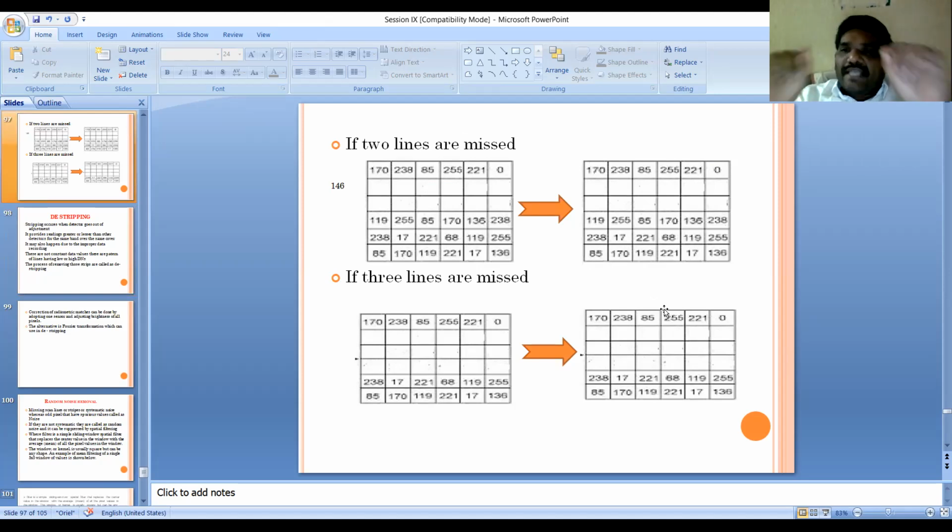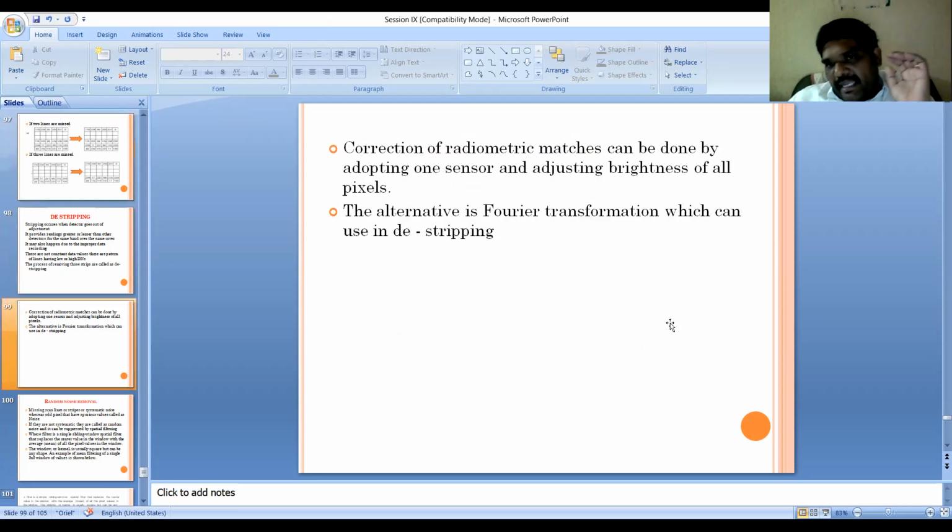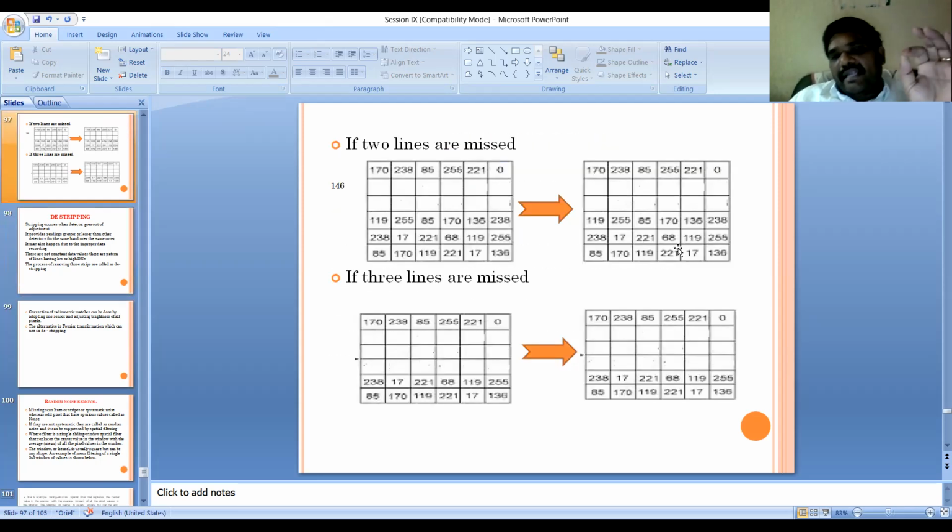That means in the first case the numbers are not scanned, and in the second case the numbers are high and low values, not at one particular point on the image but along an entire line. This is called systematic noise. The abnormality in an entire line is systematic, but the abnormality at one particular point is called noise.